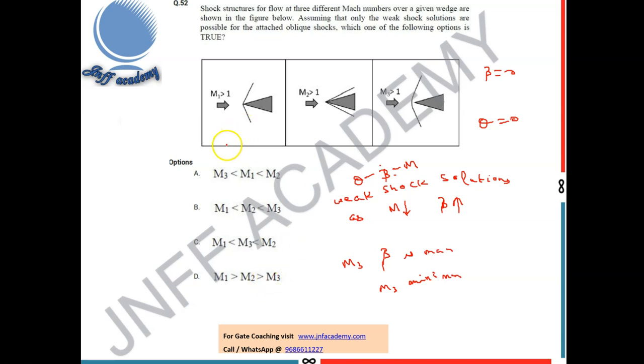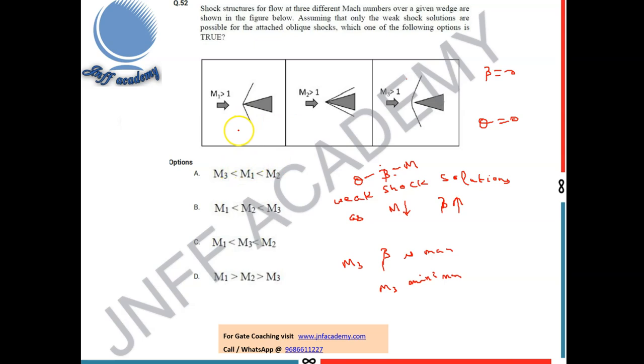Now the second position where your angle is more is M1, right? Here you have the maximum angle, and here you have the second highest angle. So this will have the second least Mach number. So M3 will be very low, M1 will be higher than M3, and M2 will have the highest value.